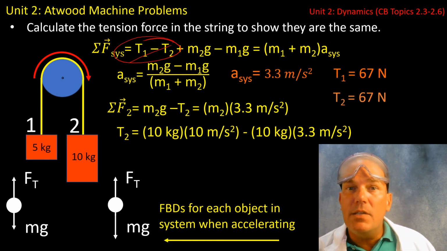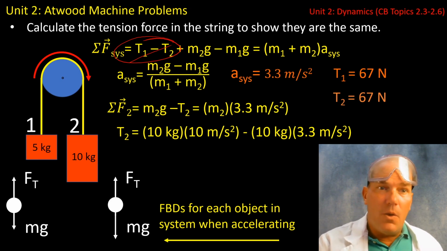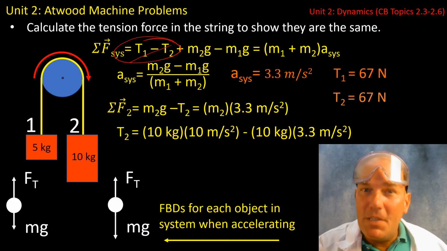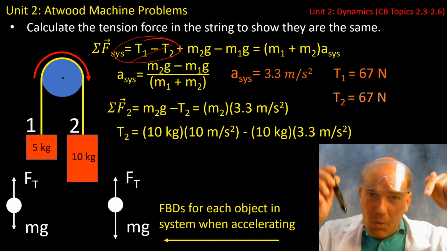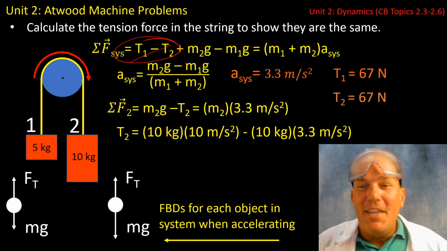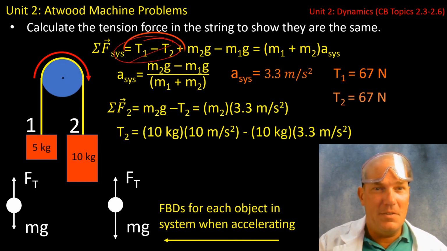Same here, guys. So cool. So the left side increased because it was going up in the opposite direction, excuse me, as the acceleration due to gravity. And the 10 kilogram mass is going down in the same direction as little g. And so we see those tension forces change, okay?